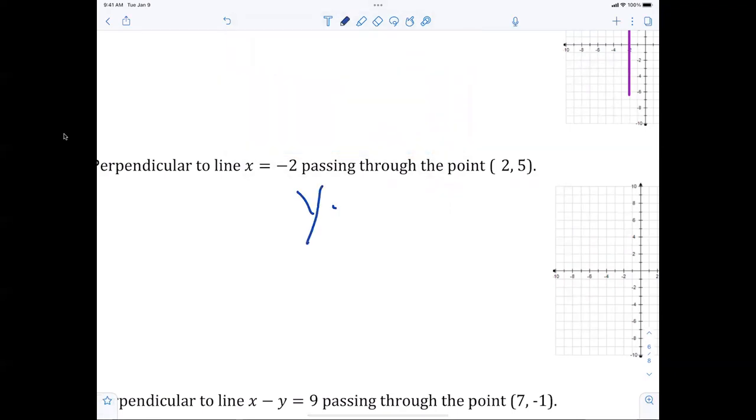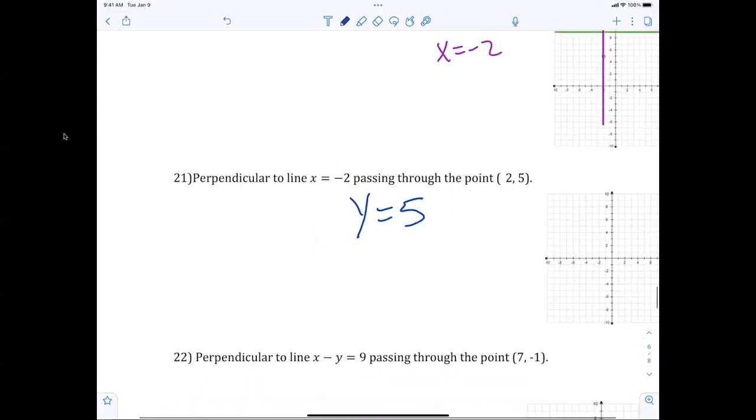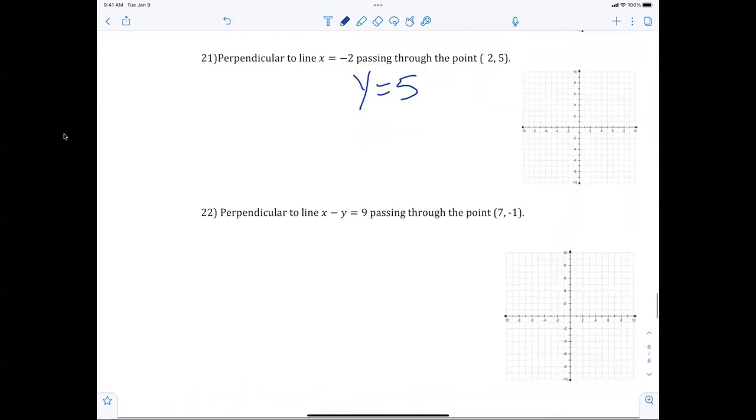Just tell me the answer. Y equals 5 and move on. Be confident in your work. Who are you talking to? That's a good question. Who are you talking to? At least you didn't say the... never mind. All right, anyway. Her little friend. All right.